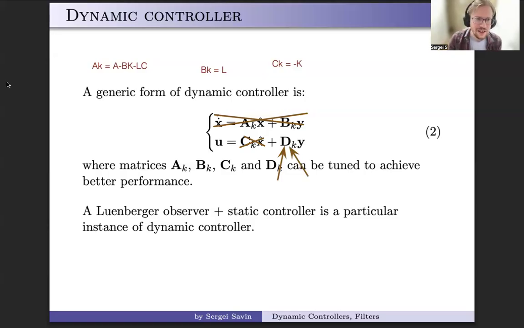My apologies, I misspoke. If y is not somehow a one-to-one image of x, where M is an invertible matrix, you won't be able to find such DK that would make your system stable.